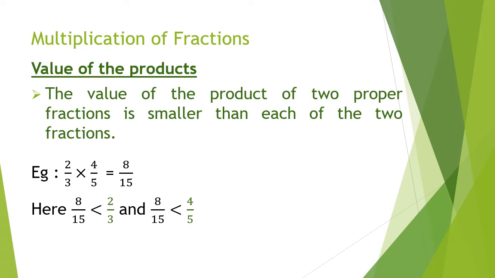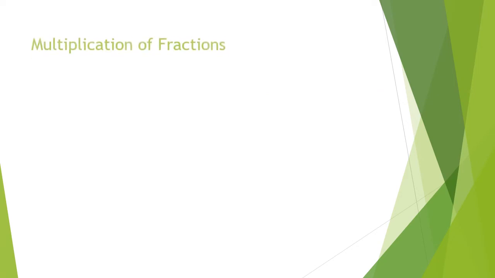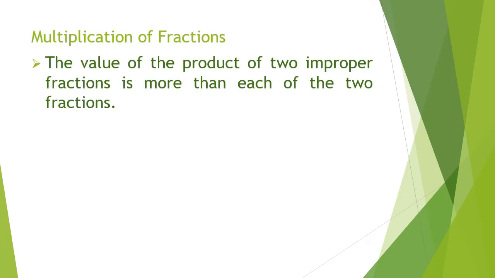Now we can see what the product of two improper fractions is. The value of the product of two improper fractions is more than each of the two fractions. For example, 7 upon 3 multiplied by 5 upon 2 gives 35 upon 6.